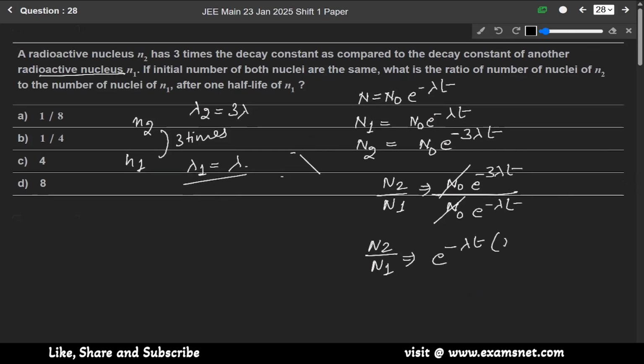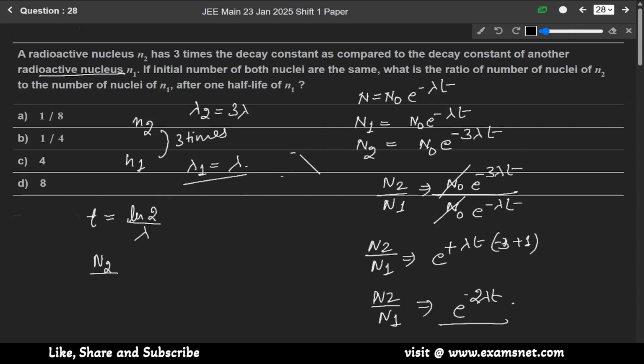So N2 over N1 will be equals to e to the power minus 3 plus 1 lambda t. So it will be N2 over N1 equals to e to the power minus 2 lambda t. Okay. So from here we can write the half lifetime formula. We know that T is equals to ln 2 over lambda.